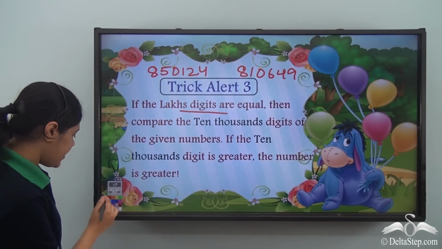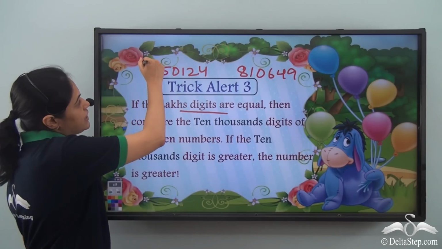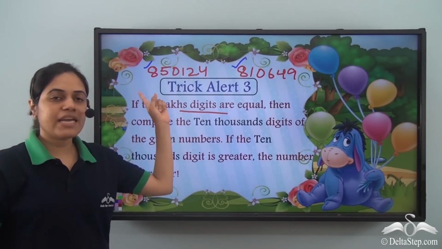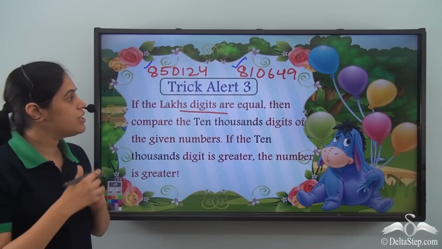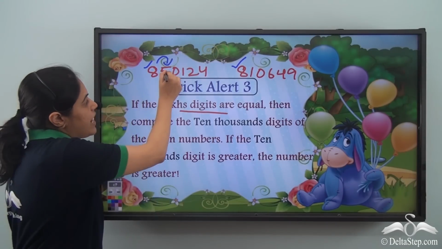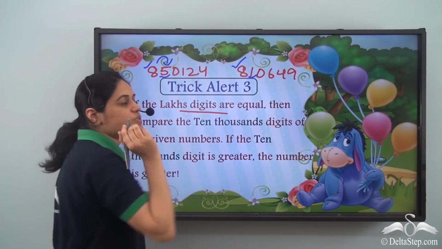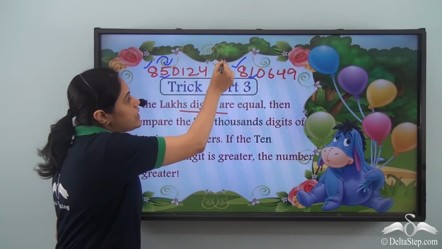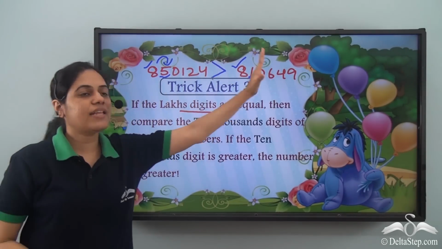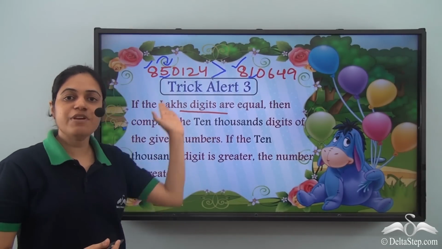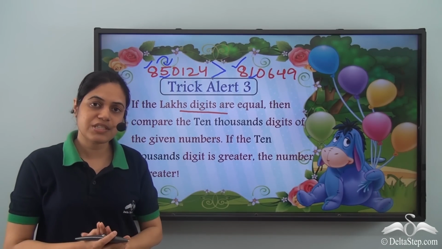Now we compare the lakhs digit. We see that the lakhs digits are also equal, it is 8 for both the numbers. So we move to the 10,000 digit, which is 5 here and 1 here. Now 5 is greater than 1, so this number will be greater than this number. So if the lakhs digits are equal, we move on to the 10,000 digits.